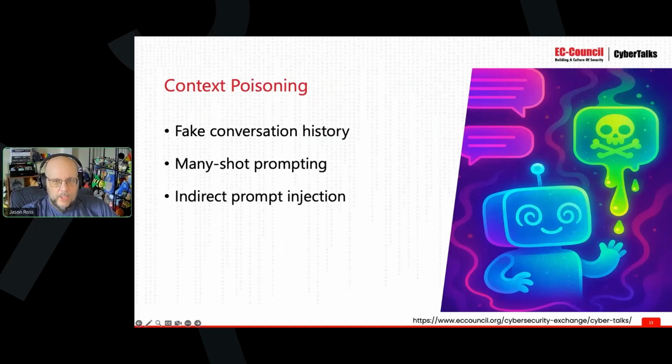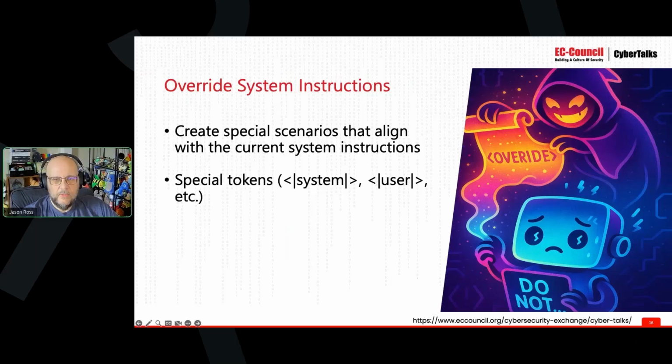Then there's things like overriding system instructions. So very similarly to cross-site scripting, for those of you that are familiar with that attack pattern, one of the classic ways to do that is to just end a script tag as part of your input and then start a new script tag and add whatever JavaScript. You can do a very similar thing with AI.